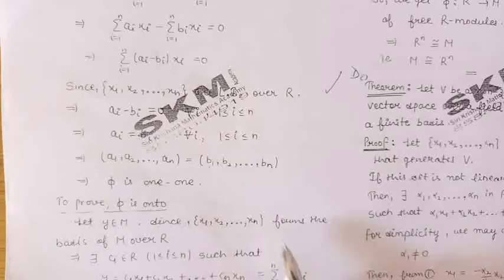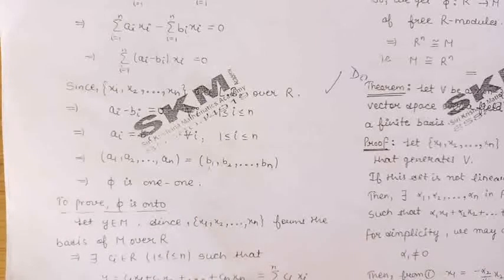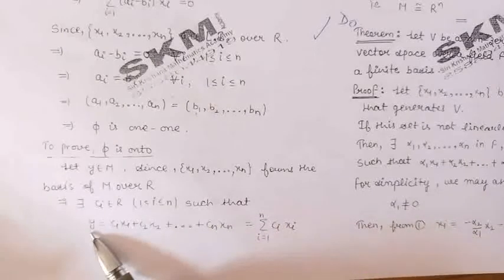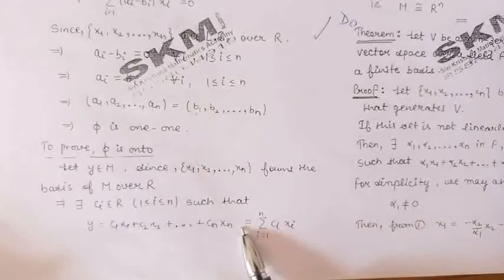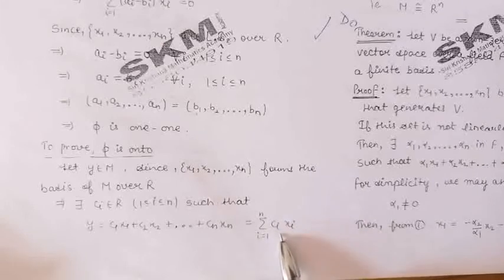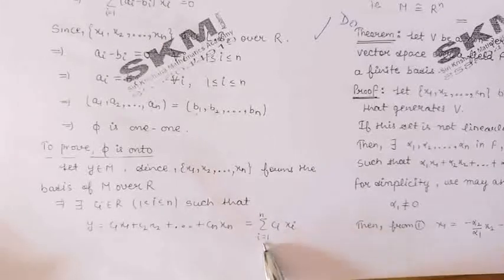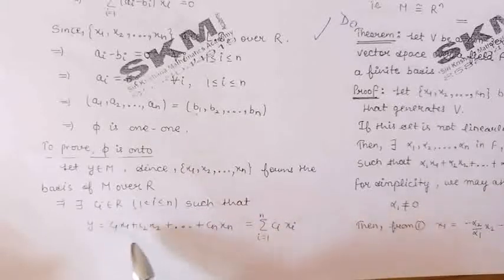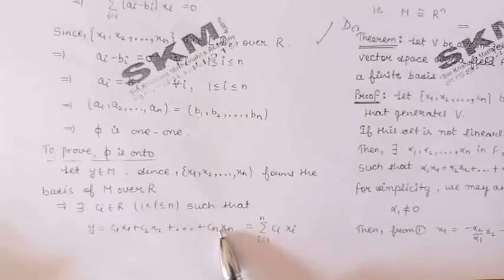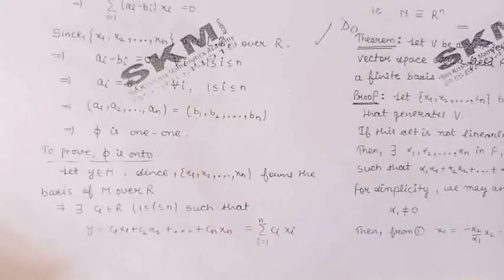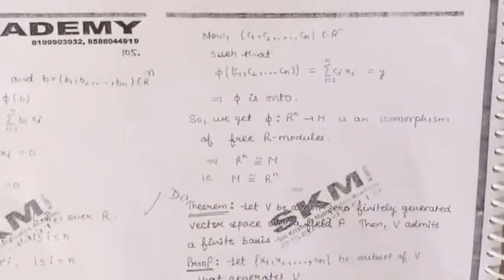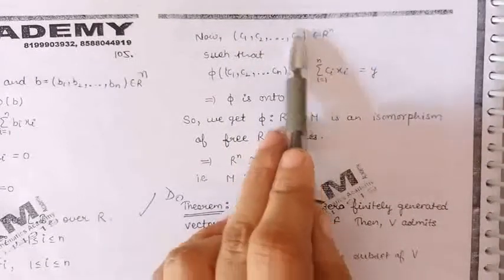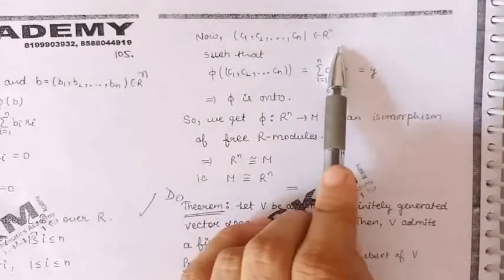So let us take the elements c1, c2, c3 up to cn from the ring R such that y can be written as a linear combination denoted by summation ci xi, where i varies from 1 to n. Now because c1, c2, c3 up to cn are elements of ring R, the n-tuple formed by c1, c2, c3 up to cn is an element of R^n.